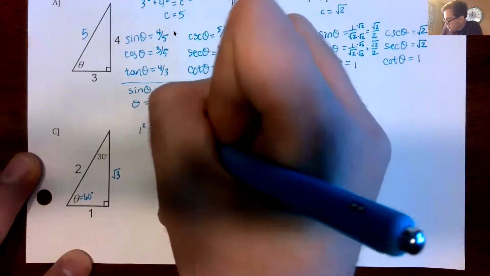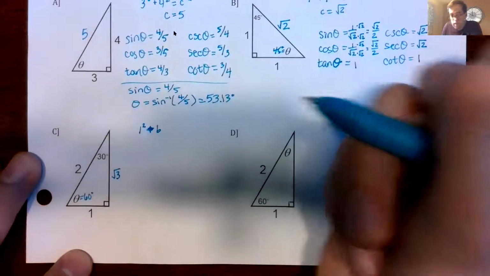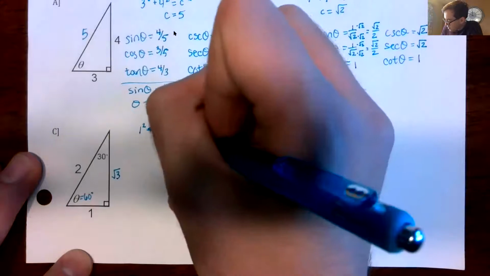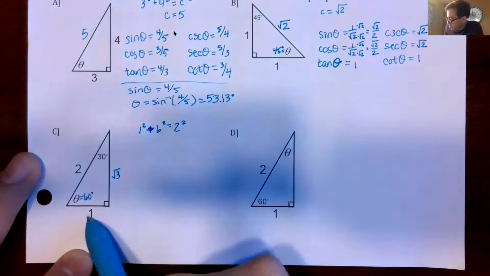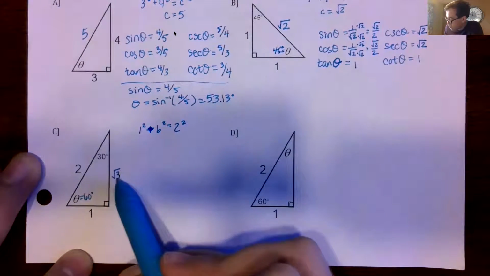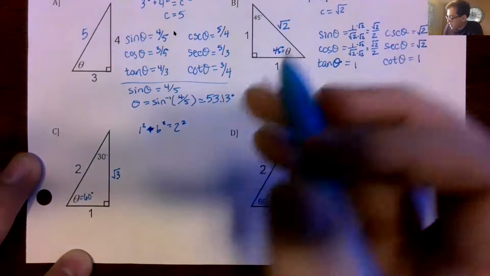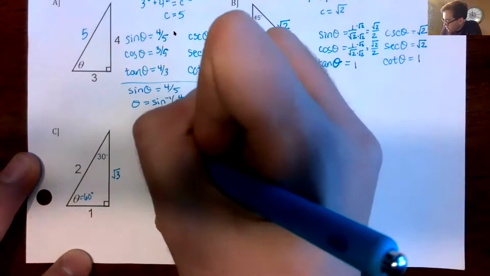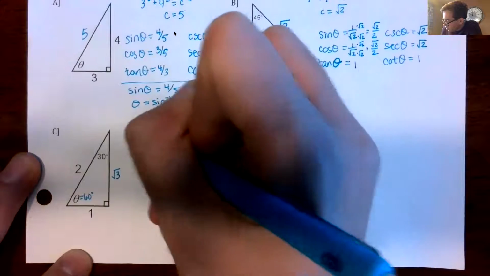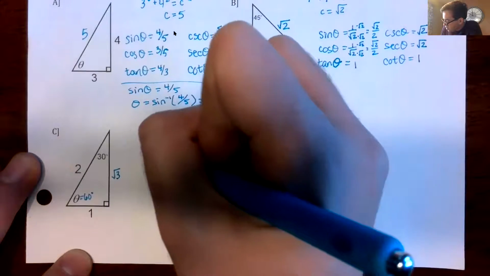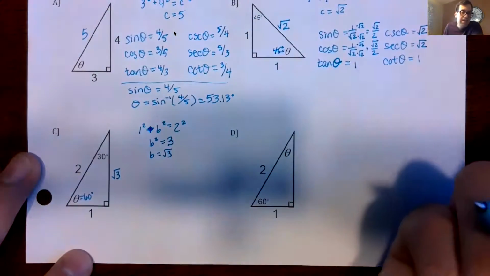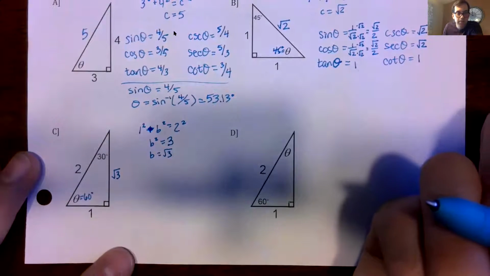So we have 1 squared plus b squared equals 2 squared, right? If we think of this as a, this was b, which we didn't know yet, and this was c. We start to solve for b, so we get b squared equals 4 minus 1. So b is root 3, and since it's a side length of a triangle, we're leaving it positive.